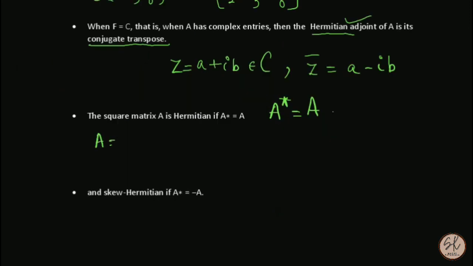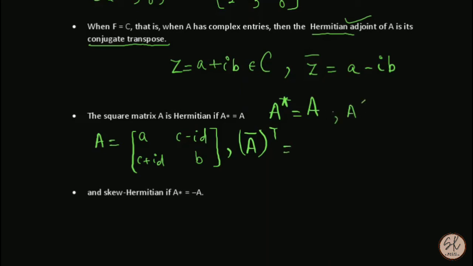Say A is equal to [a, c minus id; c plus id, b]. Here A star is equal to A conjugate transpose.